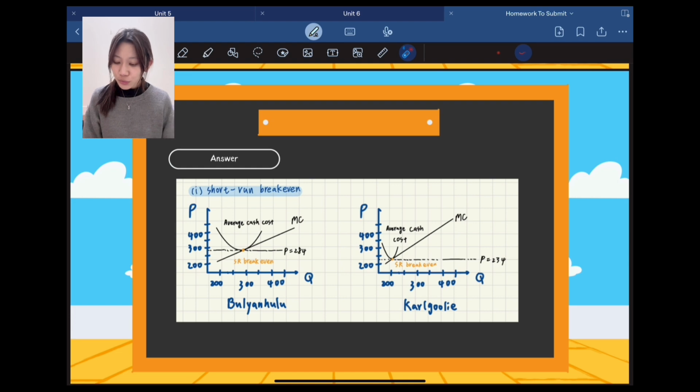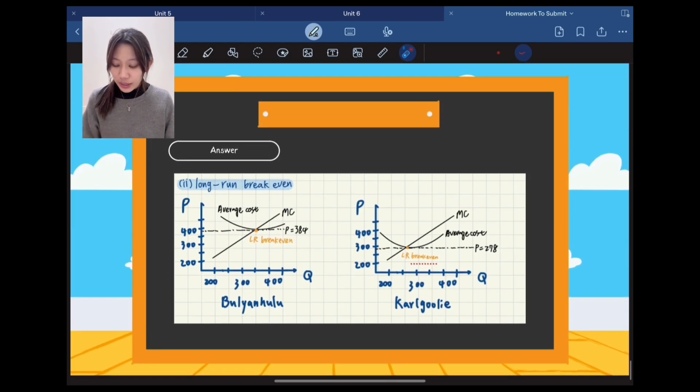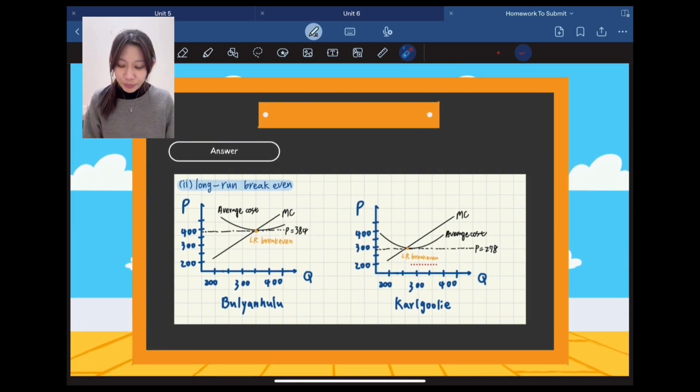And let's move on to the long-run break-even. On the left-hand side is the long-run break-even in Bulyanhulu, and on the right-hand side is the long-run break-even in Kalgoorlie. It includes the average cost and the marginal cost curve and the long-run break-even.